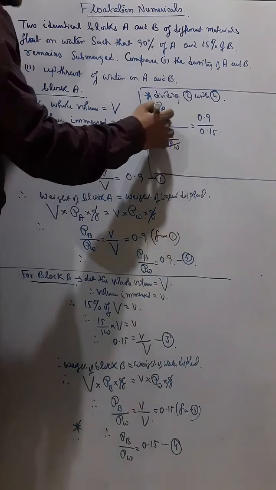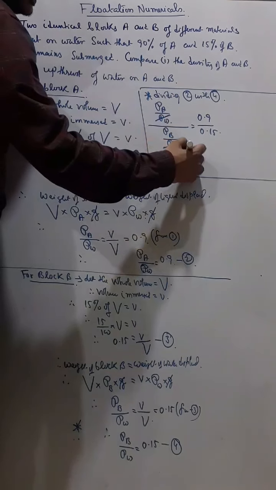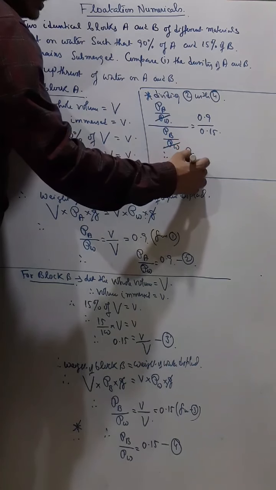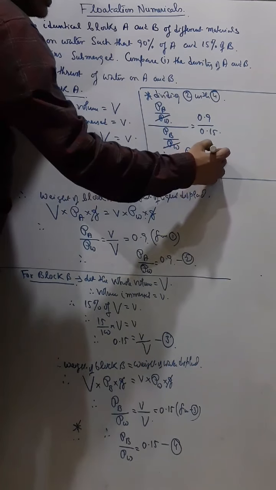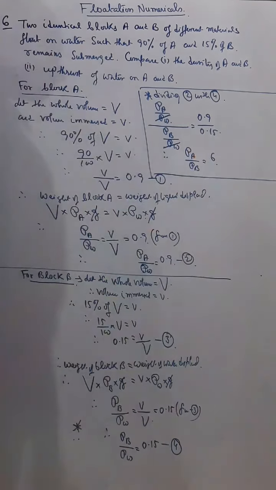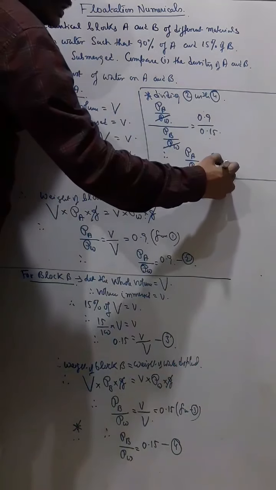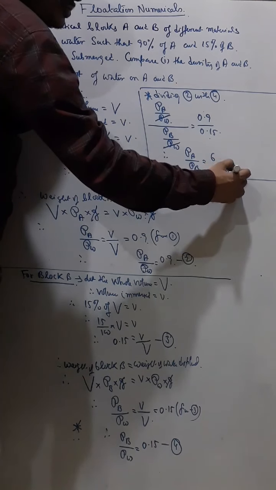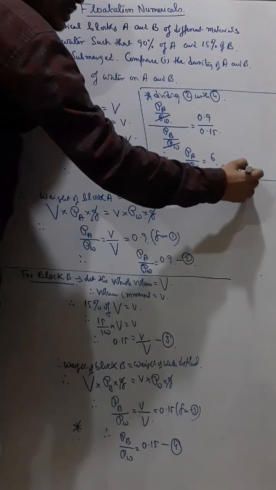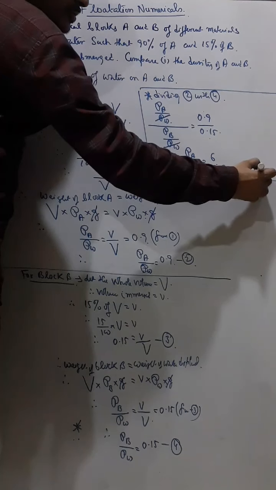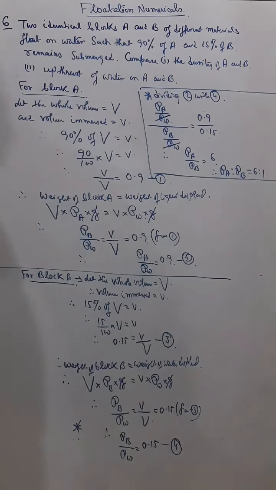So this and this get cancelled. Finally I get 6 after cancelling, and therefore I can say density of A to density of B is equal to 6:1.